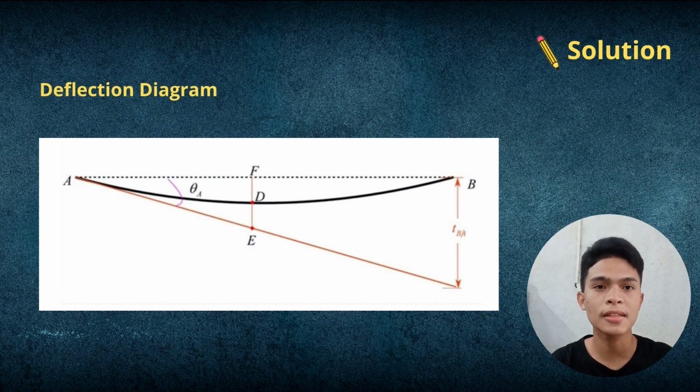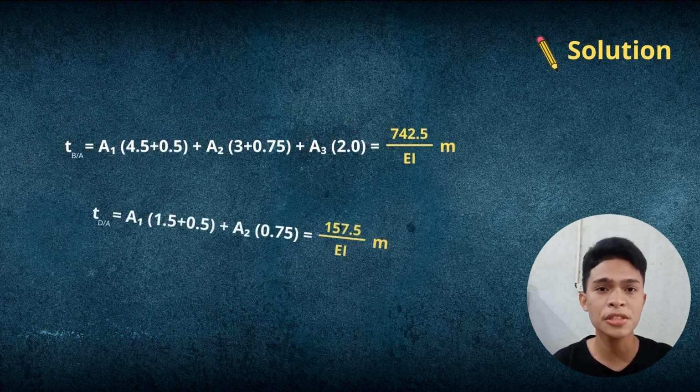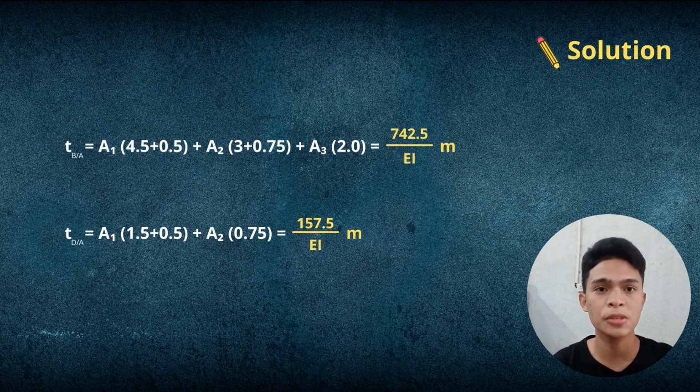Next, here is the deflection diagram of the beam. Calculating the tangential deviation of point B with respect to A, substituting the area of each part and the horizontal distance between the centers of the shapes to each point, tBA is equal to 742.5 over EI meters.